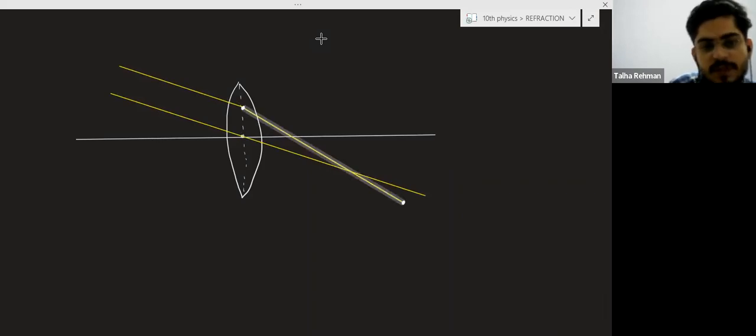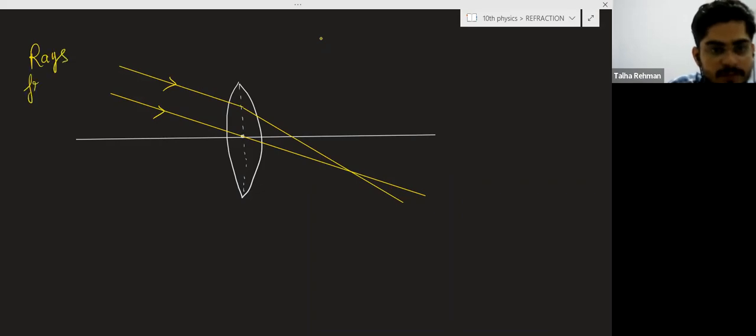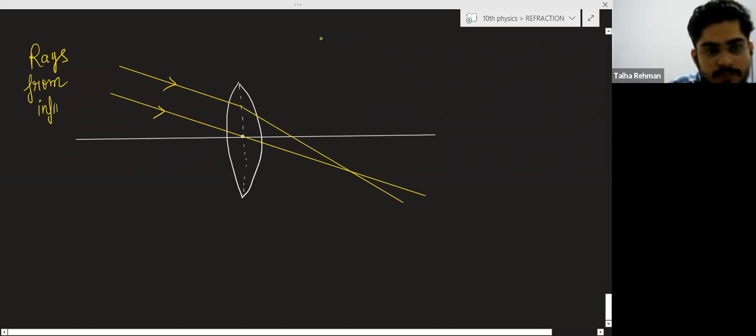These rays will be like this. These are rays from infinity.